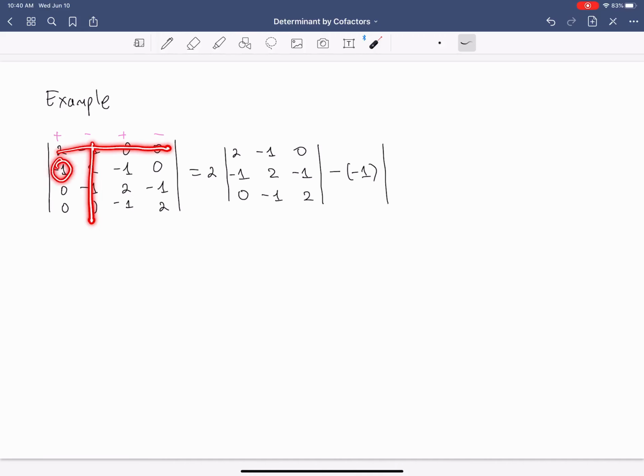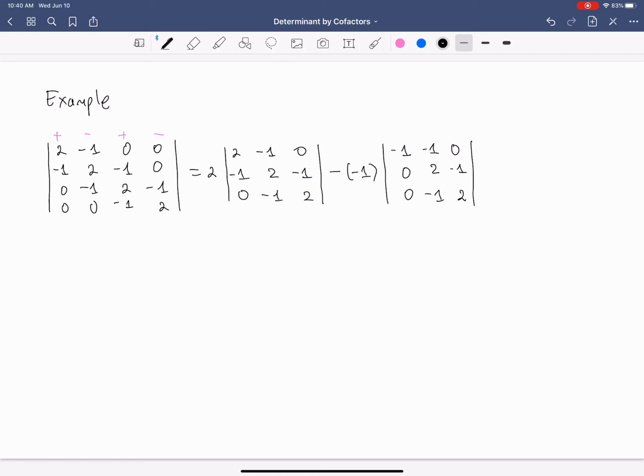So I will have negative 1 and then that's it in the first column. In the second column, I have negative 1, 2, negative 1, and in the third column, I have 0, negative 1, 2. Okay, so I see that this minus negative 1 becomes a plus.